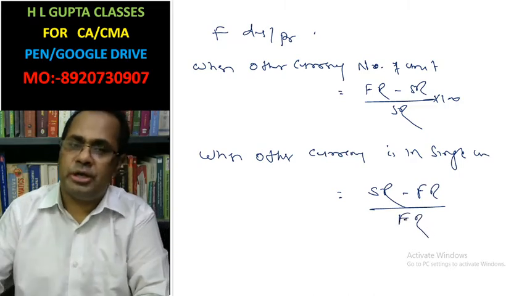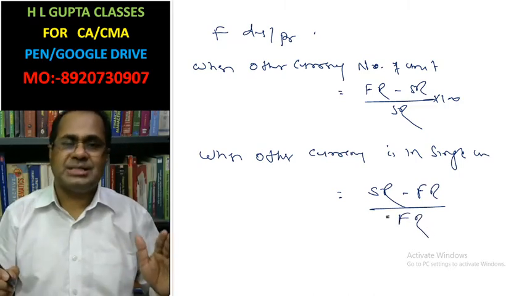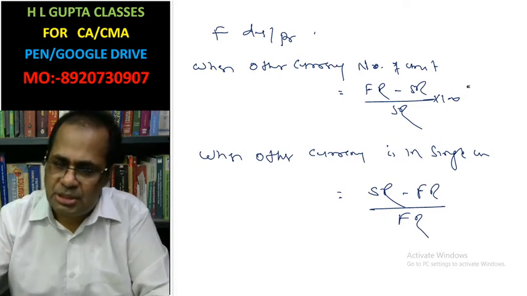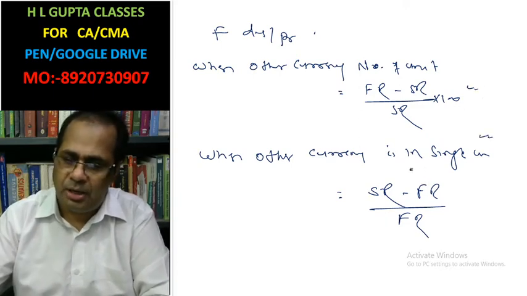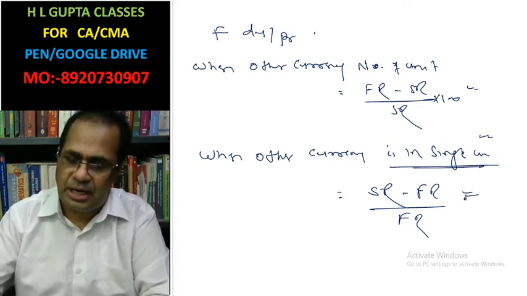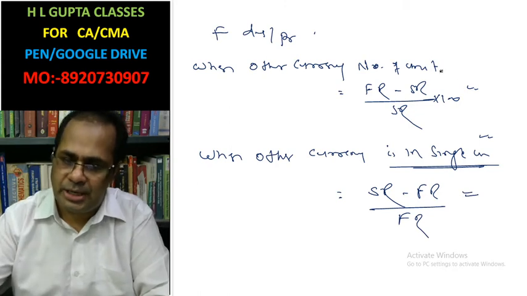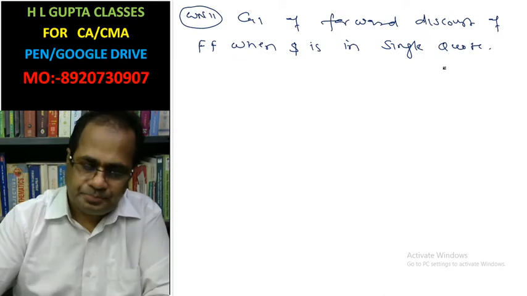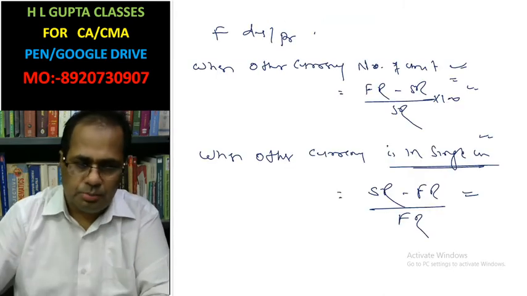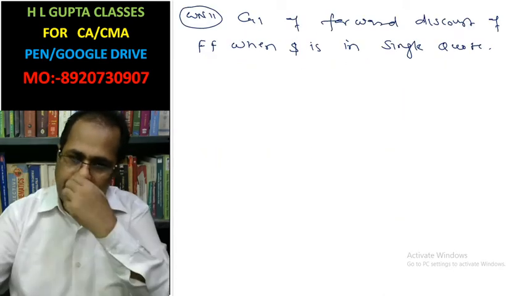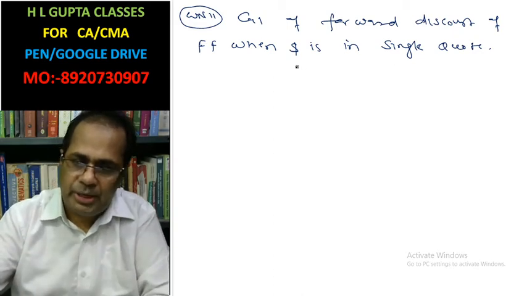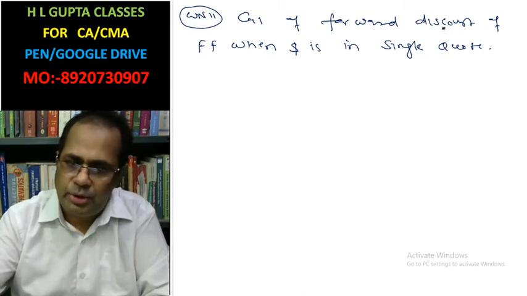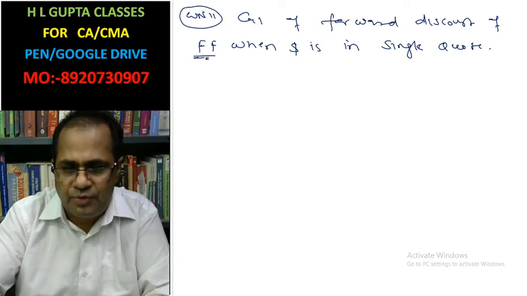This I have taught in a very good manner in my concept class, and you must keep this in your mind. When the other currency is in single unit, then you apply this. When the other currency is number of unit, then that one is applied. So please try to understand here. When dollar is a single unit, we are going to calculate the discount of French franc.